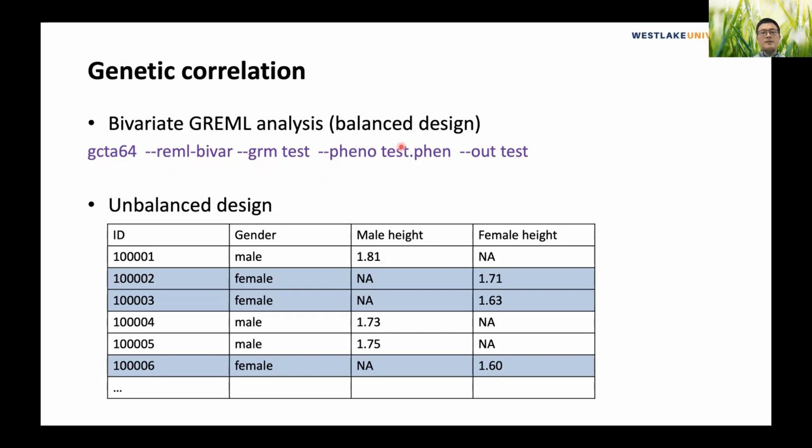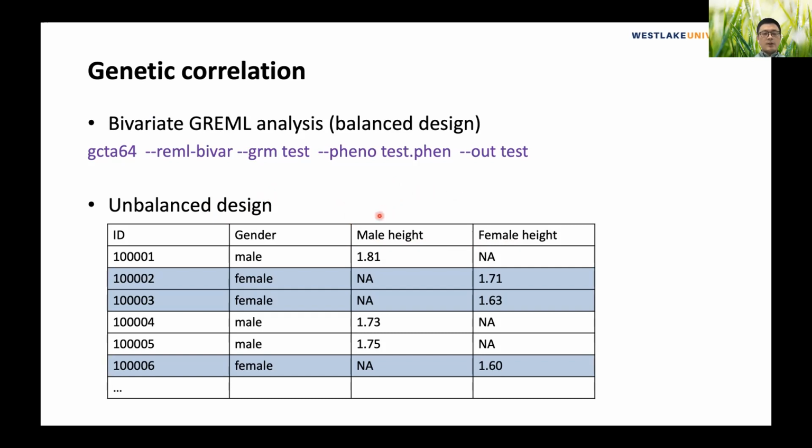I call this balanced design because in this analysis, we assume you have two phenotypes measured on exactly the same set of individuals. But in some cases, the design can be unbalanced. For example, if I want to estimate the genetic correlation between males and females for human height, I treat the male height and the female height as two different phenotypes.